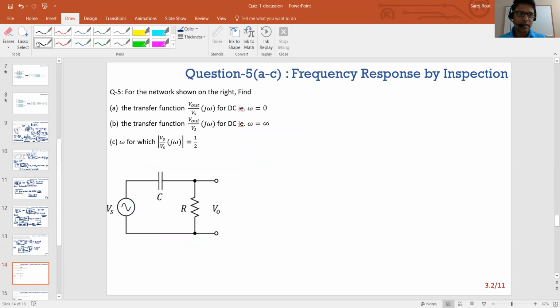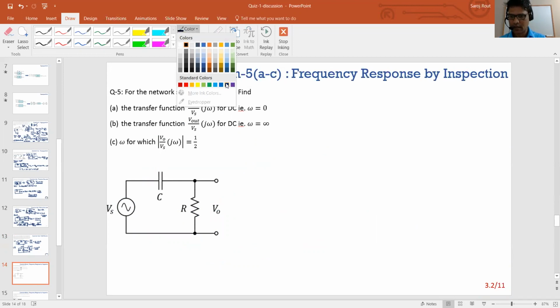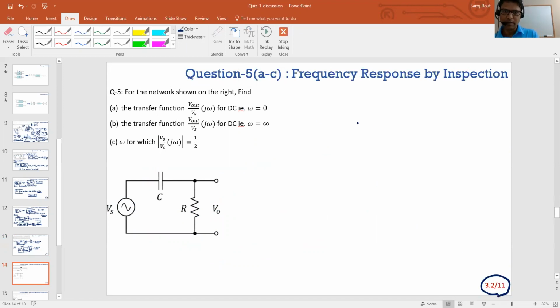Okay, so next is the frequency response. I think a lot of people probably didn't understand the question properly. What I really wanted from this was, obviously this is a simple RC circuit, and if I let you write the equation, you'll write it in 2 minutes and be done with it.